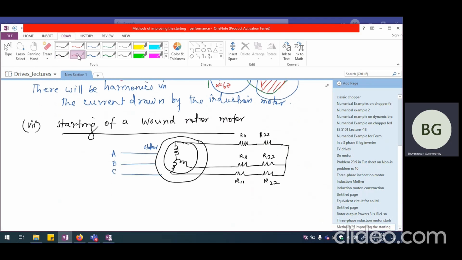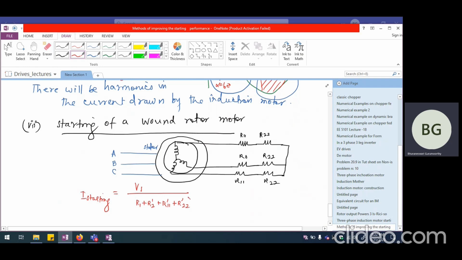Now what will happen is, if I try to look at the starting current. When I look at the starting current of the induction motor, I'm going to have the voltage applied from the stator side per phase divided by the square root of (R1 plus R2 dash plus R11 dash plus R22 dash) the whole square, plus (x1 plus x2 dash) the whole square.